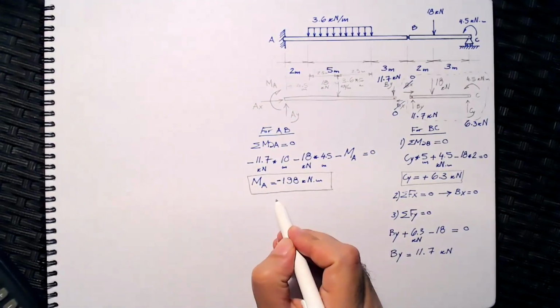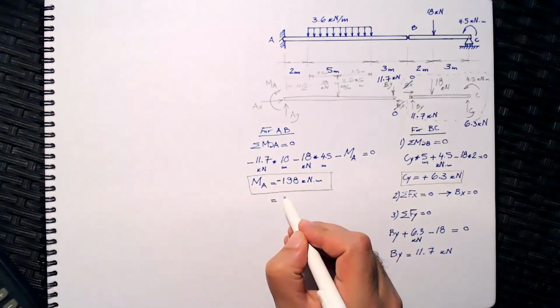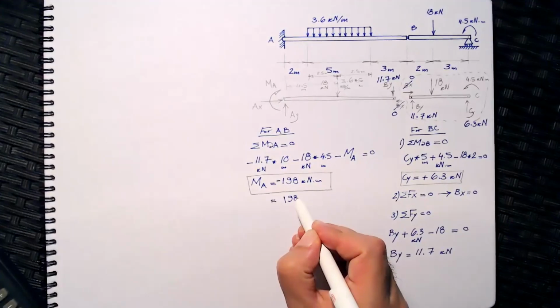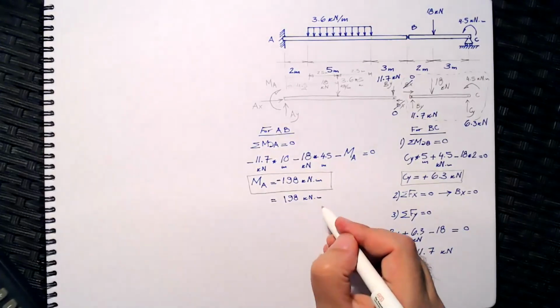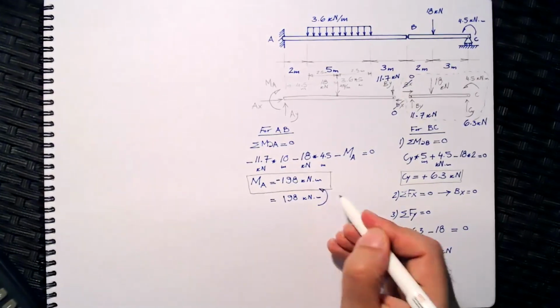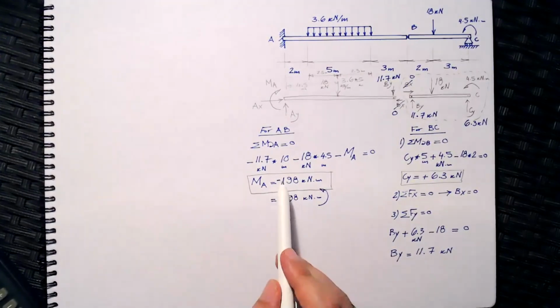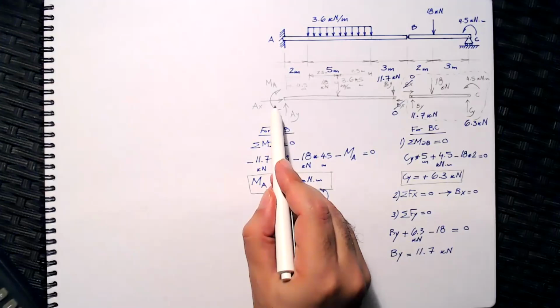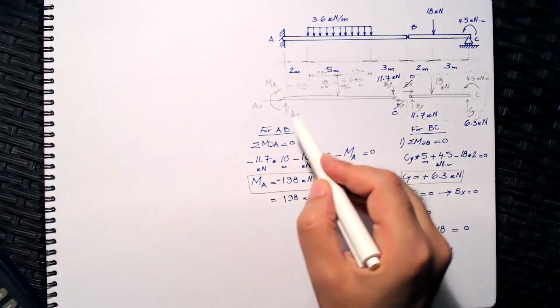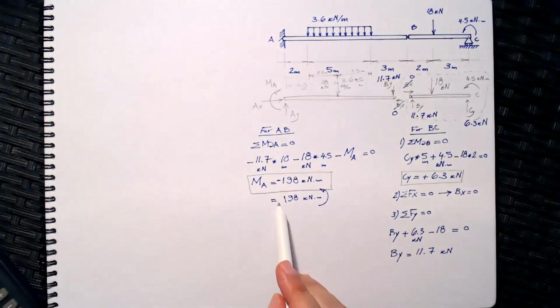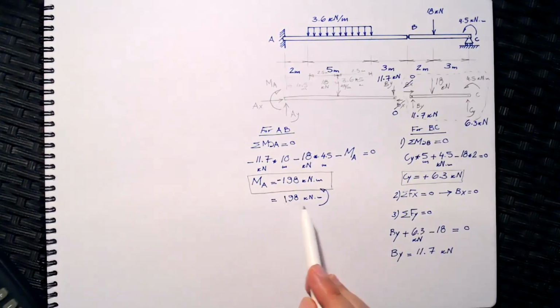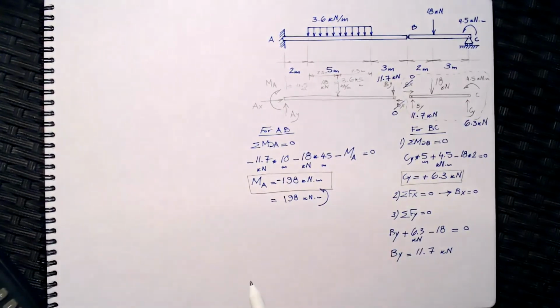So I could just quickly flip the direction, remove the sign, and say this is 198 kilonewton meter, and it's going counterclockwise like this. If you leave the sign like this, I will check your assumption, and your assumption is going clockwise, and you're saying negative. So now I understand your answer. Or you could remove this and say the magnitude is that much, and it's going counterclockwise.